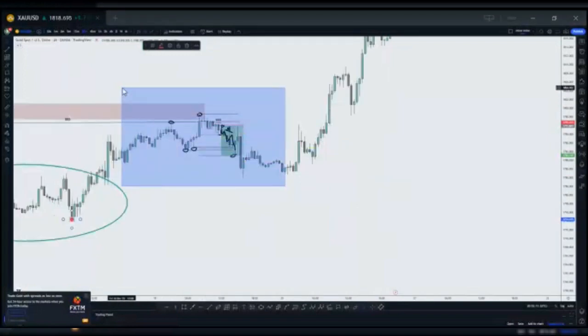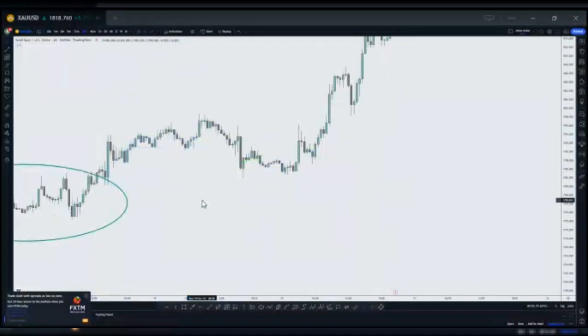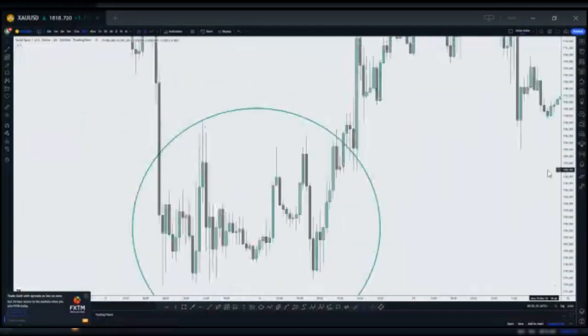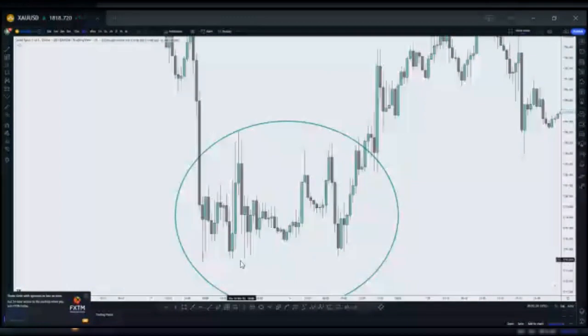So I'm running out of time. So I would have to just scan this analysis, and then I would have to leave. Okay, so what do we see? We see fail to clear the low, change of character here. Internal range liquidity here. POI within this range.